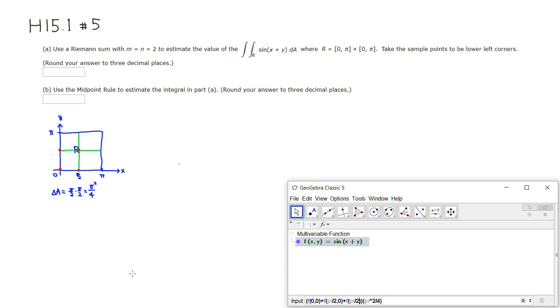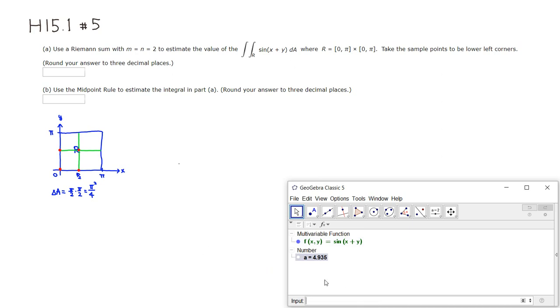Then plus, and the last point is going to be, oh, actually, I skipped one. I can do it here: 0, pi over 2. So that's every one. The first one is this point, the second one is that point, the third one is that point, and this is the fourth point.